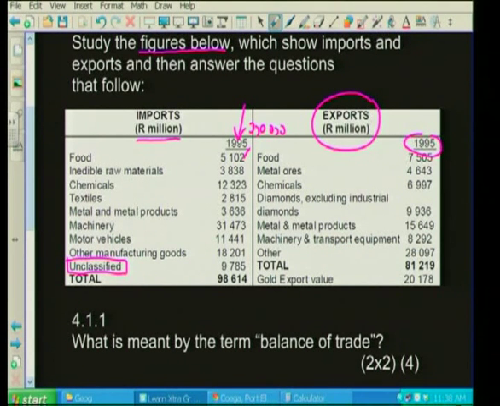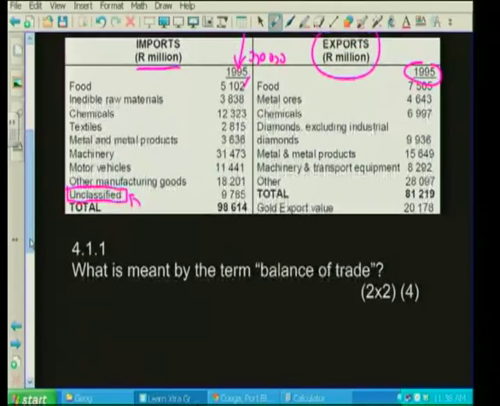So we imported 9,785 million rands worth of unclassified goods, cell phones, whatever, right. Were there even cell phones in 1995? I can't remember. They're very recent.